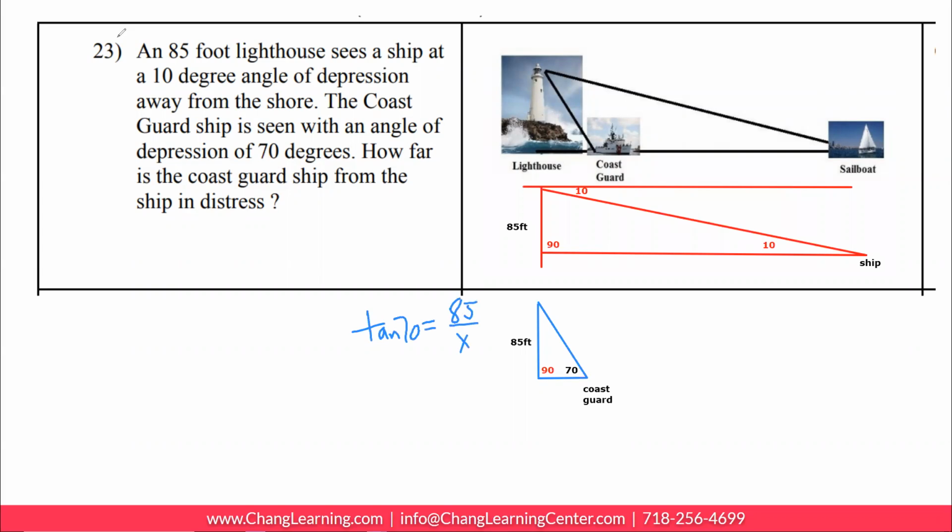So multiply both sides by x, and we get x tan 70 equals 85 feet. Divide both sides by tan 70, and x equals 85 divided by tan 70. And we get a distance of 30.93 feet. So the base distance of this triangle is 30.9 feet from the shore.